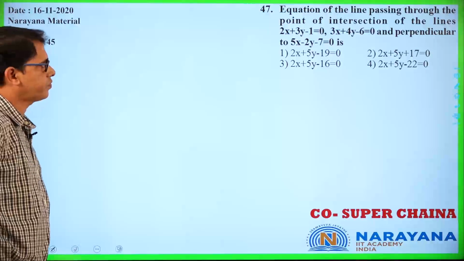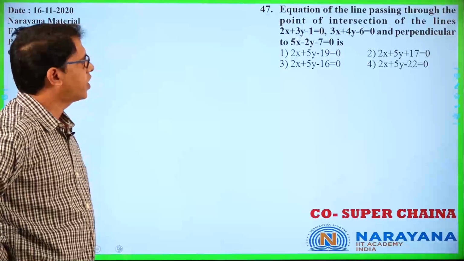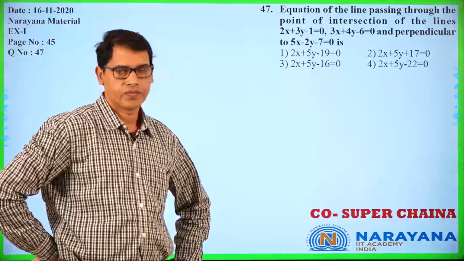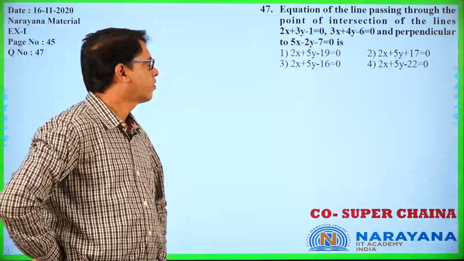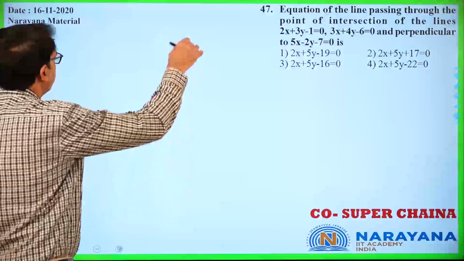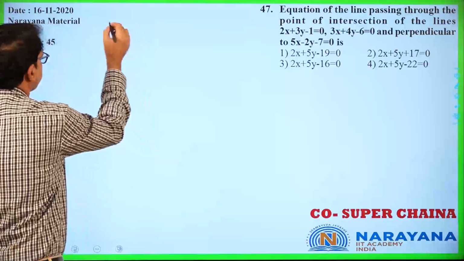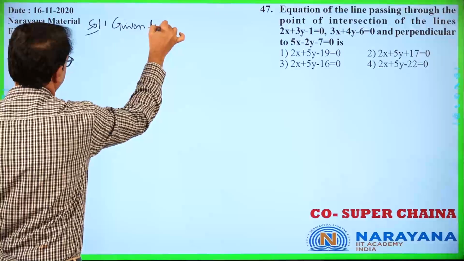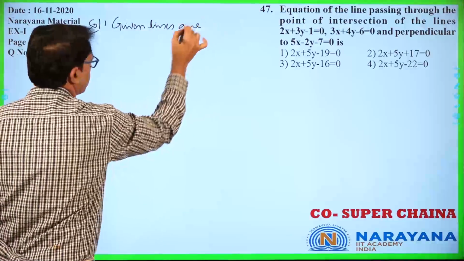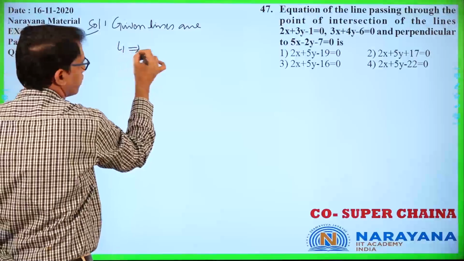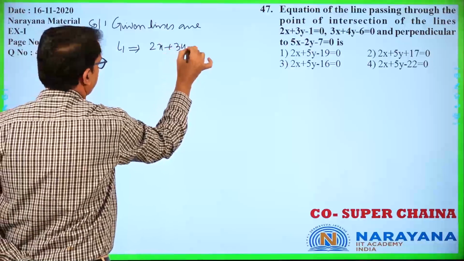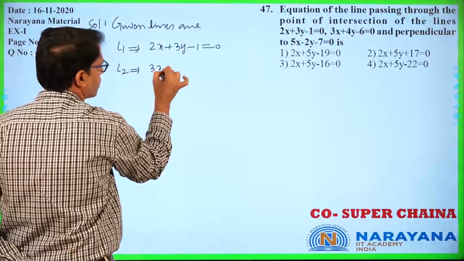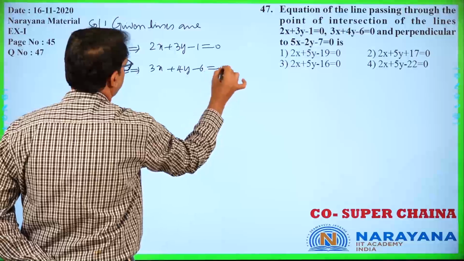See here. Equation of the line passing through the point of intersection of the lines and perpendicular to this one. Given lines: the first one L1, 2x plus 3y minus 1 equals 0. L2, 3x plus 4y minus 6 equals 0.